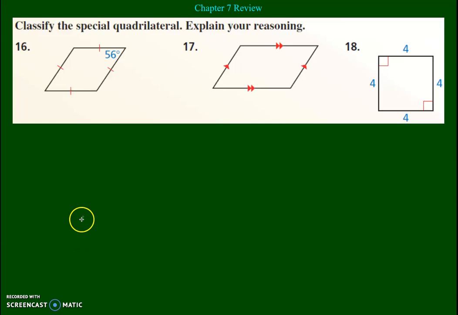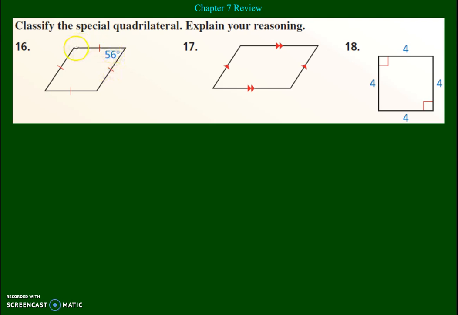In problem 16, it says classify the special quadrilateral and explain your reasoning. So let's take a look at this picture. We can see that we have all four sides are congruent. So we know at the very minimum it has to be a rhombus, because a rhombus has four congruent sides. Now, the other requirement is the angle measures.